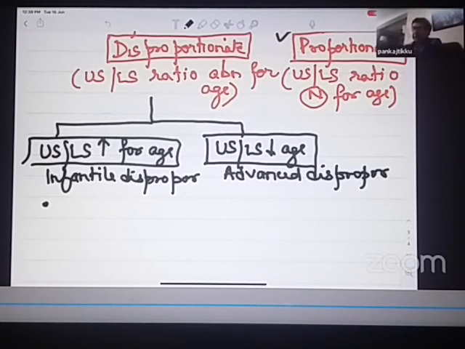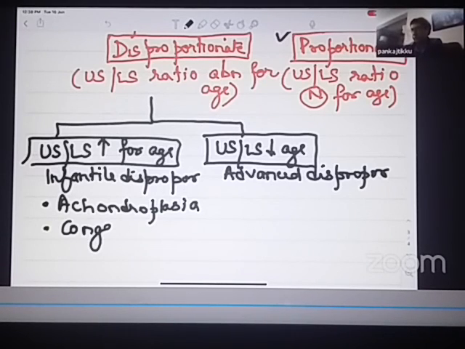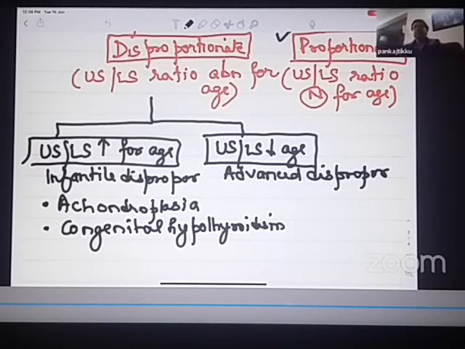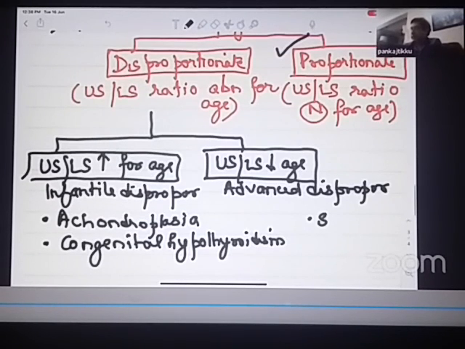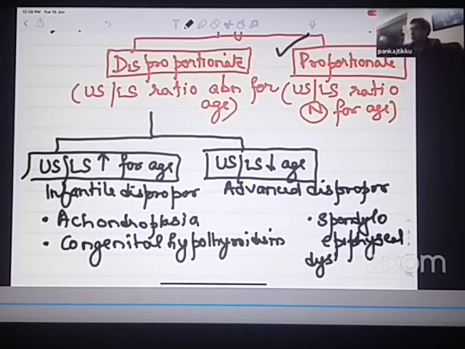Infantile disproportion examples are achondroplasia and congenital hypothyroidism. While advanced disproportion, the best example is spondyloepiphyseal dysplasia.